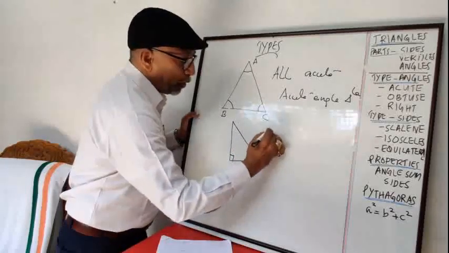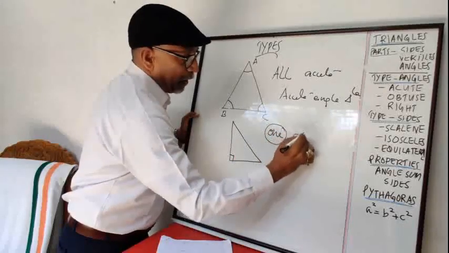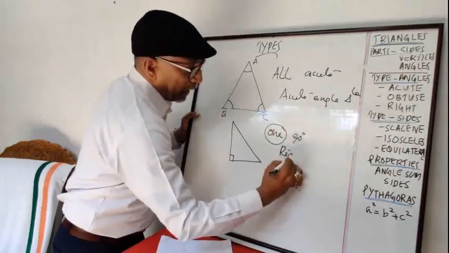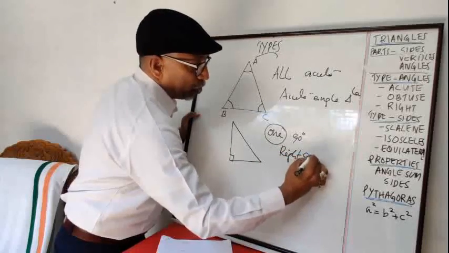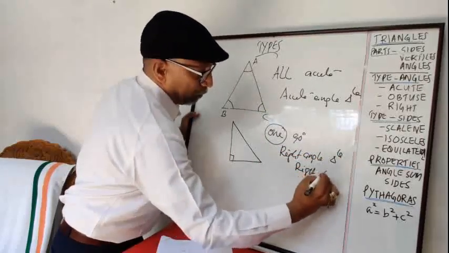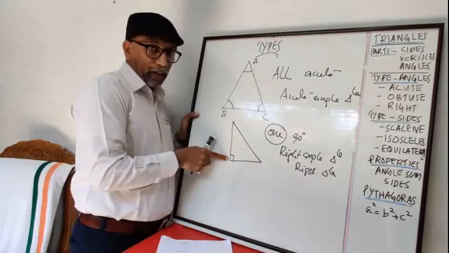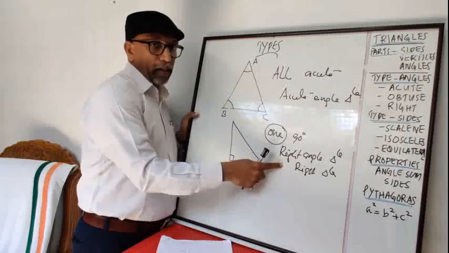Then I'm going to say if one angle is right, 90 degrees, then we call it a right angled triangle or a right triangle.